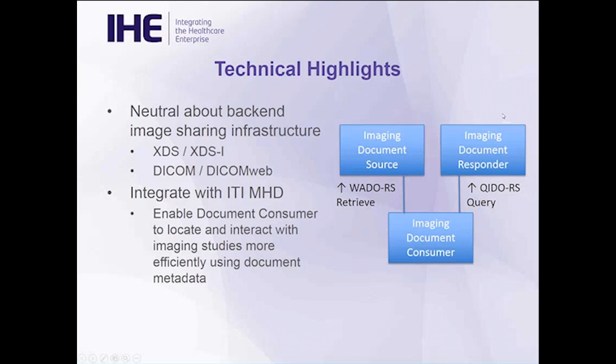So when it receives a query from the consumer, the responder is responsible for finding the right information by integrating with different backends and providing the result in the proper QIDO-RS response. And once the response comes back, including the retrieve location information, the consumer can now use WADO-RS retrieve to retrieve the objects according to its need.